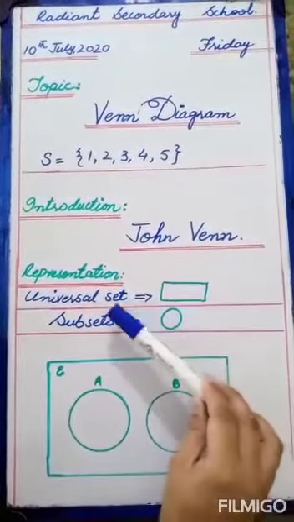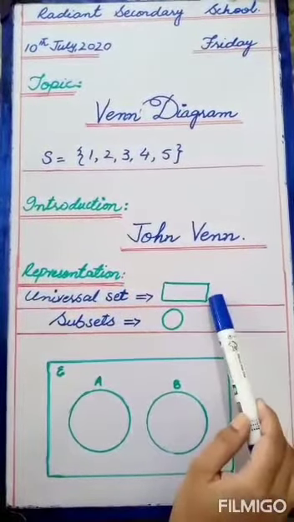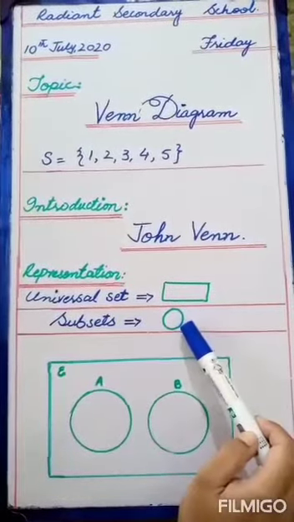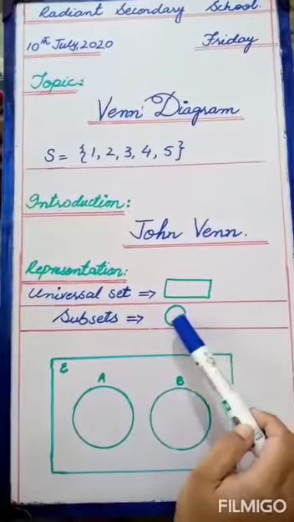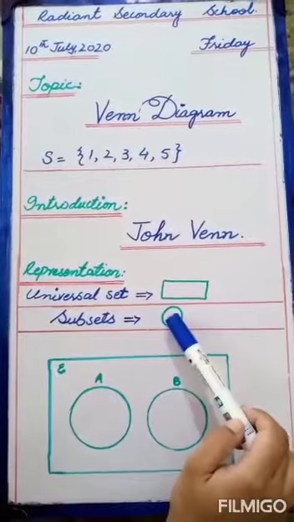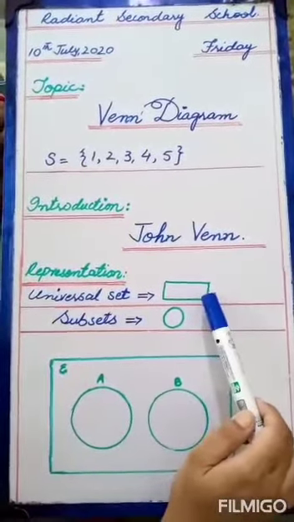In the Venn diagram, we will represent the universal set with a rectangular box and all the subsets with circles. Suppose I am taking two sets A and B. I will represent the sets A and B with circles, and the universal set with a rectangular box.